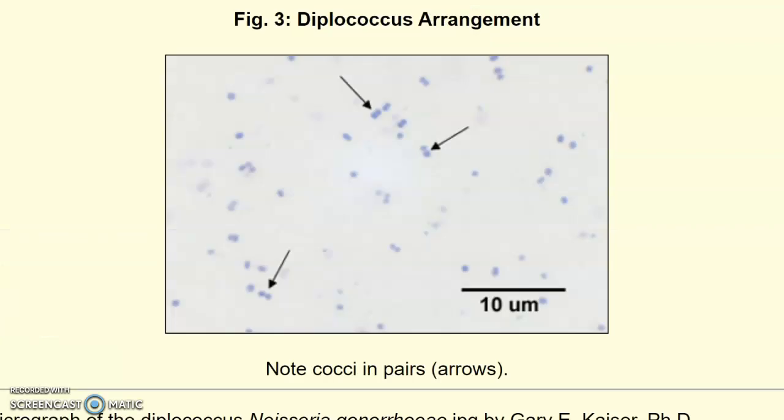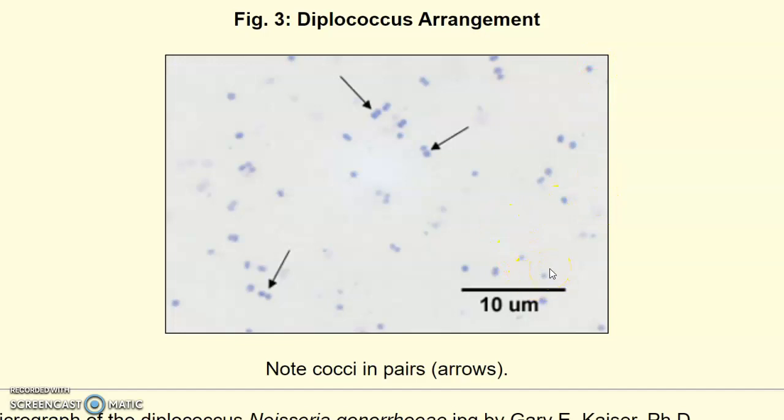In this particular image we have here, this is Neisseria gonorrhoeae, which is the causative agent of gonorrhea, and it tends to exist in nature as a diplococcus arrangement. So where you see these arrows here, we have this diplococcus arrangement. But you'll also notice that we have little areas where we also see just single cells.